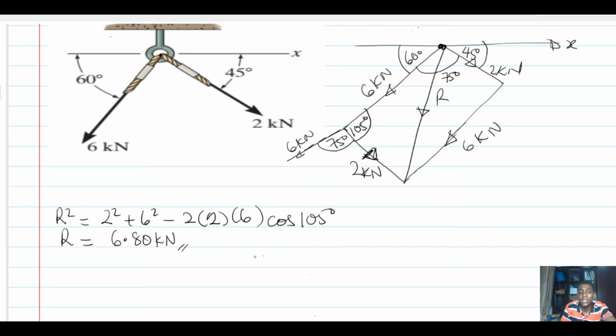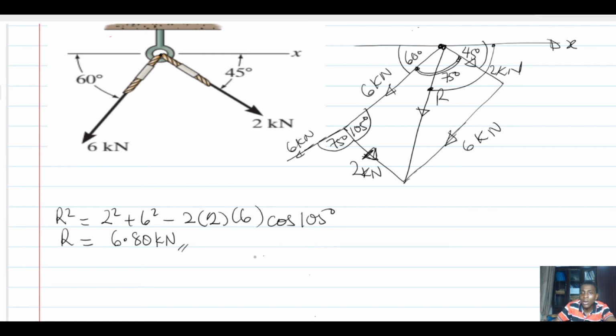So that's the resultant. Now if I'm interested in the angle that this makes with the x-axis, we said clockwise. So clockwise means I have to measure the angle all the way from here. Now it must be noted that the 75 is not this small angle. The 75 is from here all the way up to here.